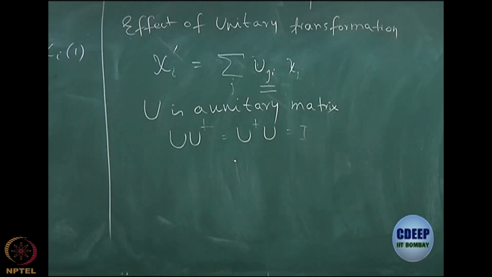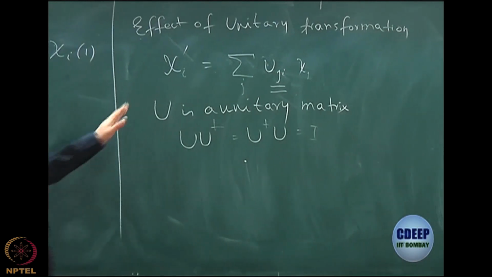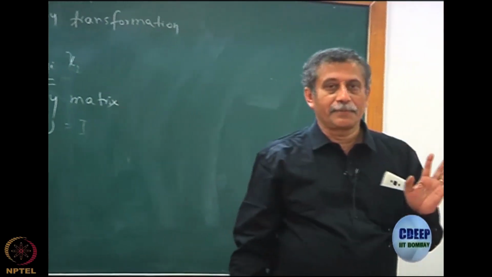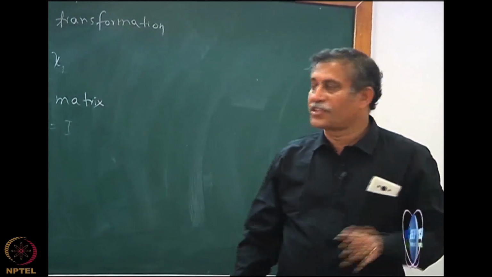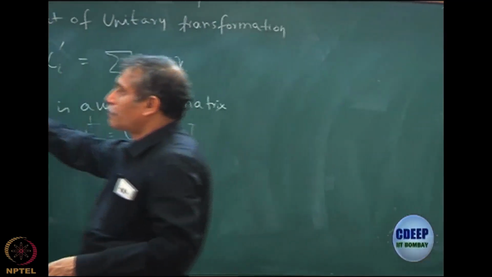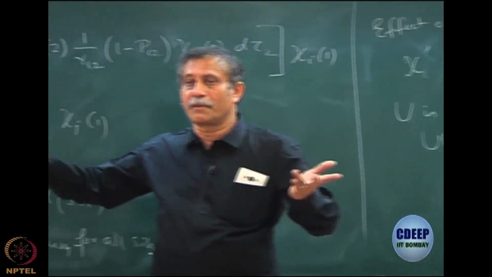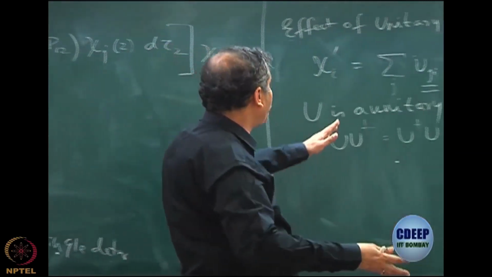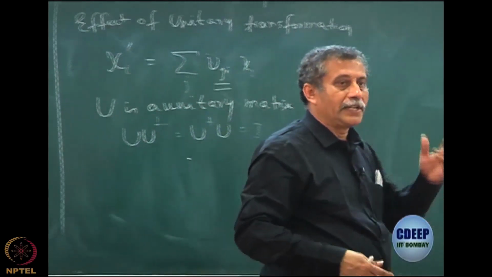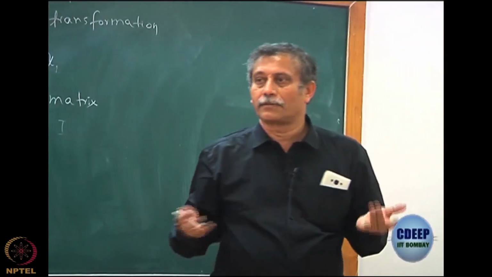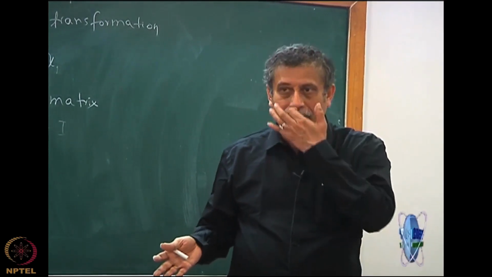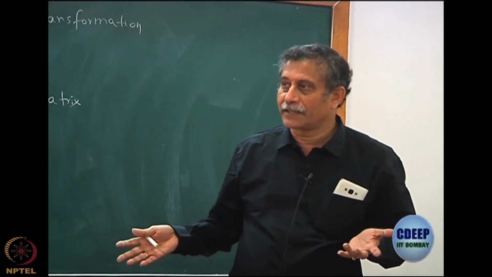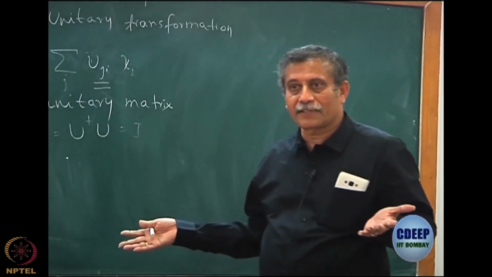So, let us assume that we transform these spin orbitals by a unitary matrix. What will happen to the orthonormality of the spin orbitals? Can somebody tell me? The original spin orbitals were orthonormal, because that was the condition, if you remember, we put while solving the Hartree-Fock equation. Now, I am doing a unitary transformation. Will the new spin orbitals remain orthonormal or not? Remain orthonormal, right? All of you can prove this if I ask.